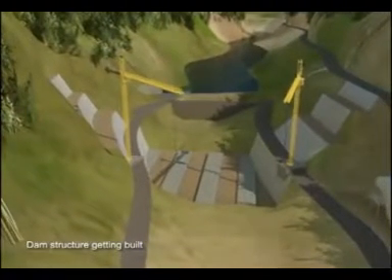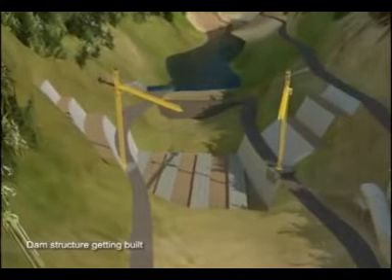With slabs spanning the width of the dam, the entire structure is eventually built.